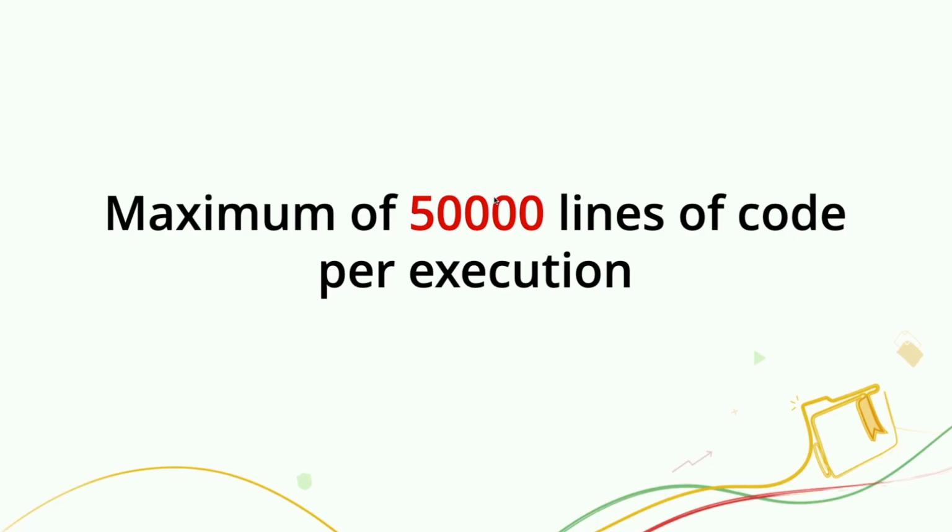So however complex may be your requirement or whatever complex logic you have, it is possible to achieve them with as many lines of code. 50,000 is the maximum, which means on load of the form, you can have up to 50,000 lines of code triggered. On user input of every field, you have the ability to trigger 50,000 lines of code. On success, on validate, for every trigger point, you can run up to 50,000 lines of code.